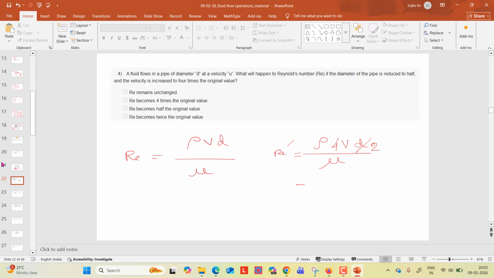So what is Re prime? It is 4 rho V d by 2 mu, right? So the 2 will be cancelled out. So it will be 2 into rho V d by mu. It is 2 into Re. So Re becomes twice the original value, right? Yes.